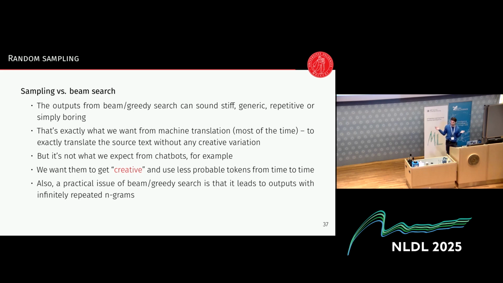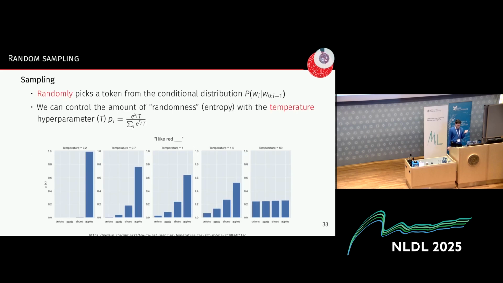But other times, for example, when we are designing chatbots, we want these chatbots to sound more natural. So for chatbots, random sampling is the way to do it. And so we do sampling from the output distribution of the next word.